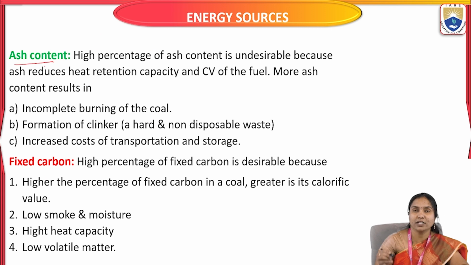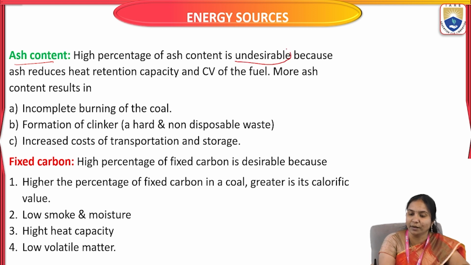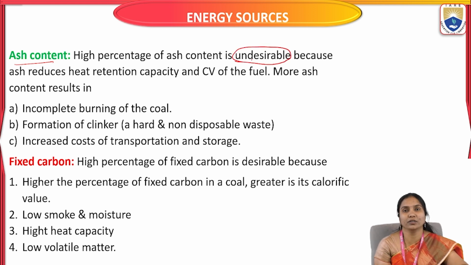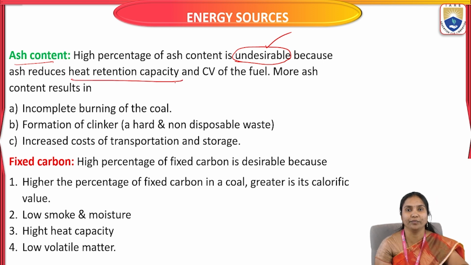And third one is ash content. A high percentage of ash content is also undesirable because ash reduces heat retention capacity. Ash reduces heat retention capacity and the calorific value of the fuel also reduces.